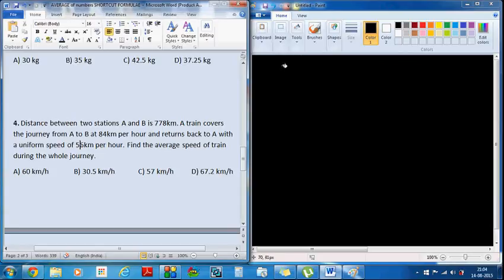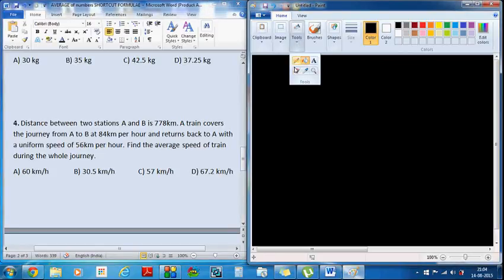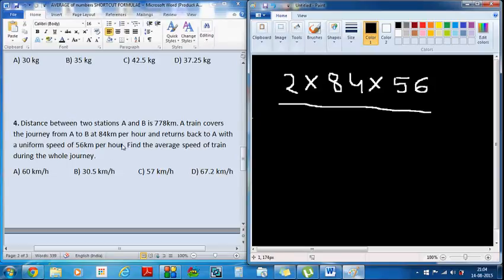So the average speed will be 2 into 84 into 56 by 84 plus 56, where x is 84 and y is 56.